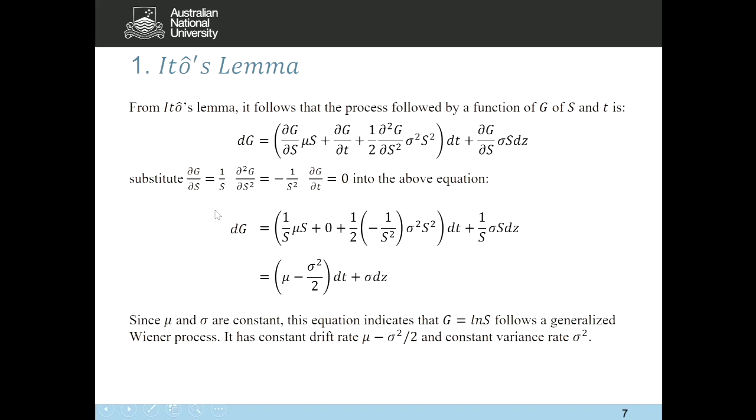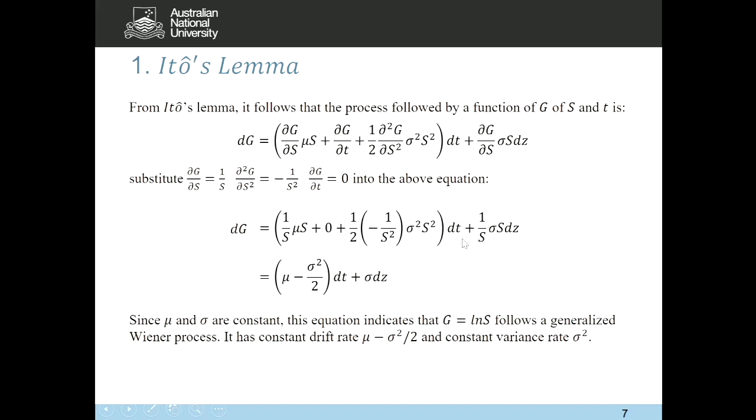So we substitute minus 1 over S squared times sigma squared times S squared, and we get that here. And lastly, because differentiating G with respect to t gives 0, we substitute 0 into this term here. So that's just a big fat 0. And then again, we substitute 1 over S into that component there.